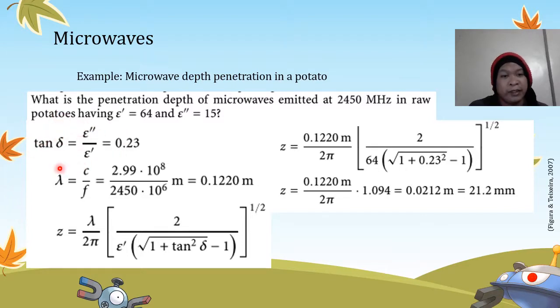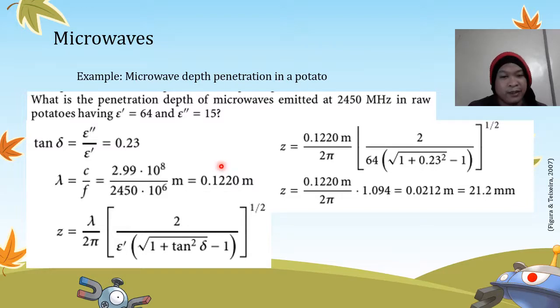And from the frequency, we could calculate the wavelength, which in this case, common naman ng 2.45 megahertz sa microwave. So 0.12 meters or what's that, 12.2 cm is around a bit more than 4 inches.